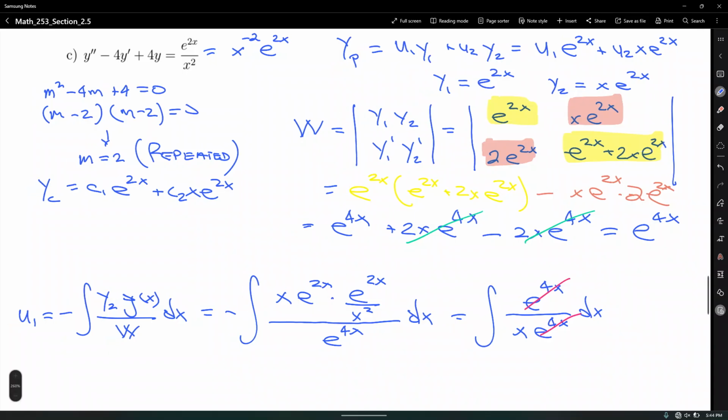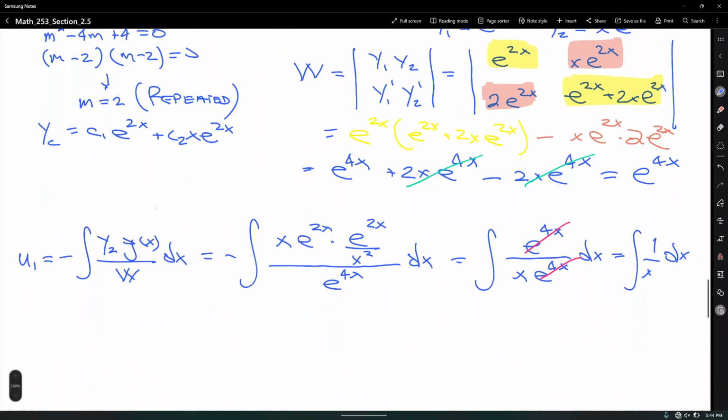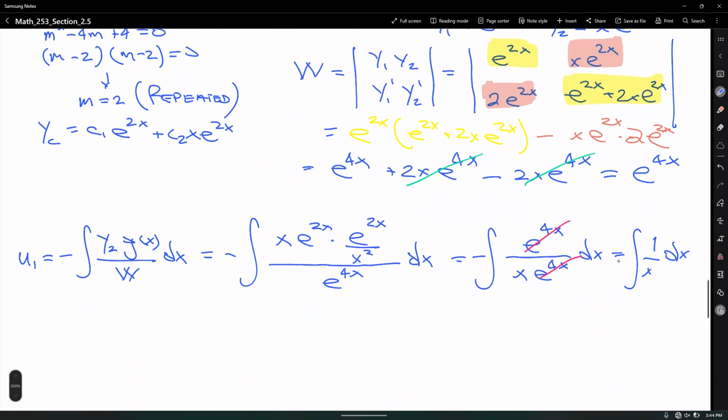That ends up being the integral of 1 over x dx, and don't forget the minus. That's a note to myself. And this is negative ln of x, well, absolute value of x, right? So that is u1.